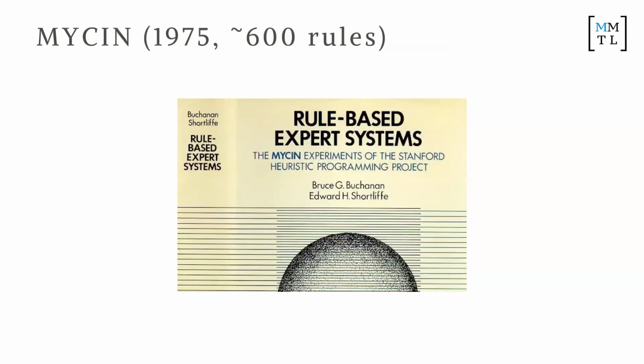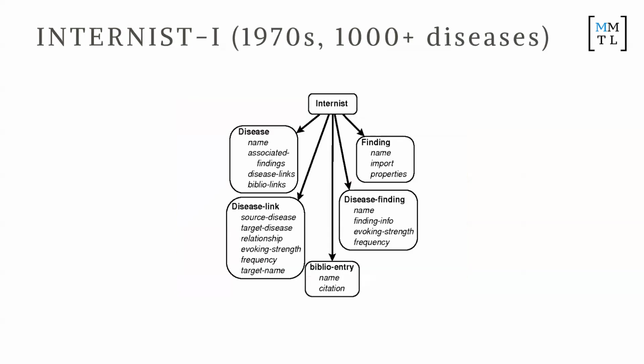Again, this was 1975. Now, also at roughly the same time, there was another program, I think out of Pittsburgh or Pennsylvania, I can't remember, I confused the two, called INTERNIST-I, where they basically diagnosed 1,000+ diseases, right? More accurately than an internal medicine decision.